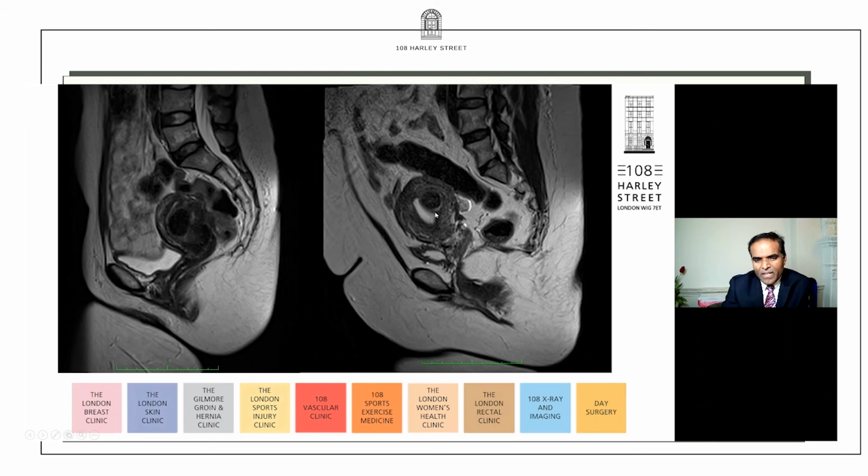With the type 2 fibroid, only a minor amount is protruding into the cavity. On your left side, even though the fibroid is in the uterus, it is not protruding into the cavity. The endometrial cavity is not disturbed, compared to the right side, where the endometrial cavity is disturbed.